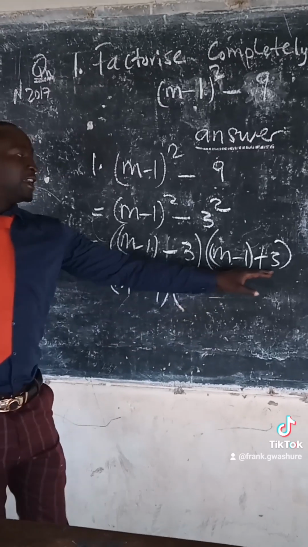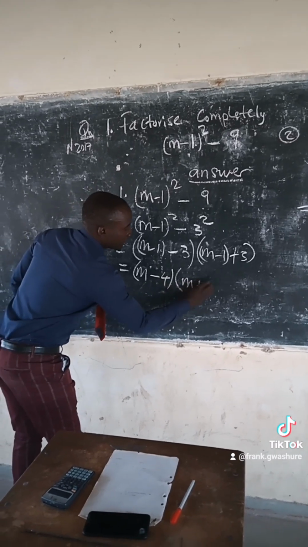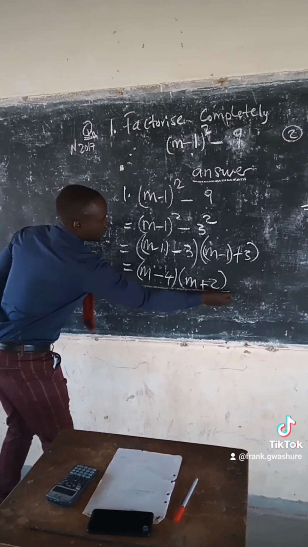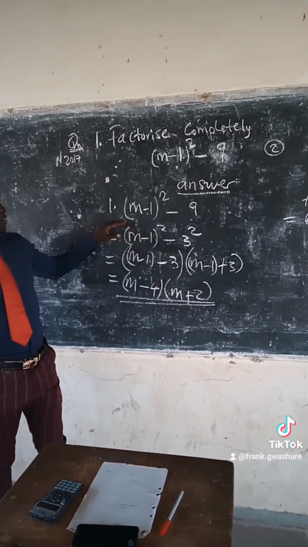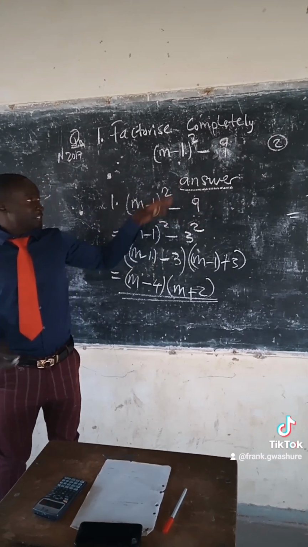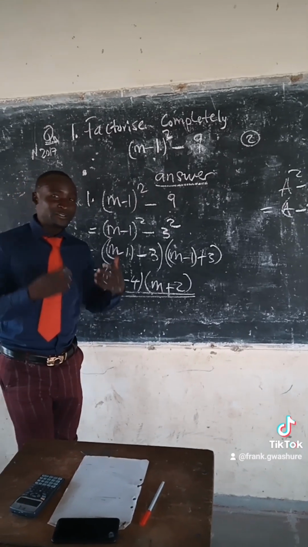If you simplify the other one, minus 1 plus 3, you get m plus 2. So these are the two factors that come from this expression. So this is factorization. We employed the concept of difference of two squares.